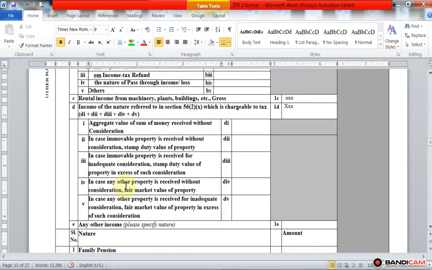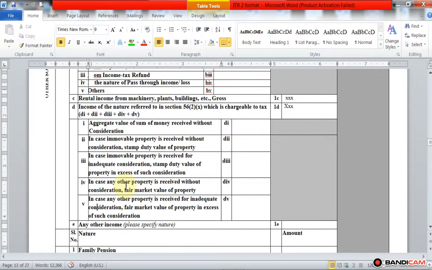Then in case any other property is received for inadequate consideration, then the fair market value of property in excess of such consideration is taken into consideration. So here, if the assessee receives inadequate consideration in respect of other property, he will compare this value with the fair market value, and the excess value is taken into consideration here.